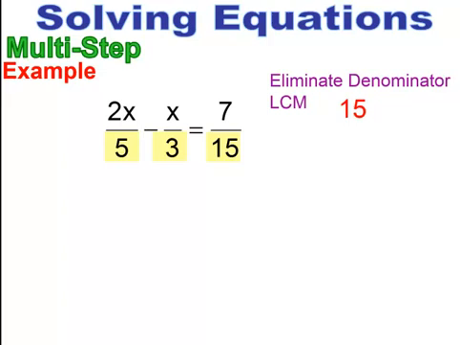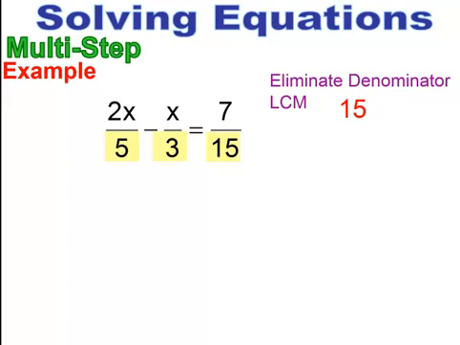Now remember, the least common multiple is the number that can divide in evenly into each number. So in this case, 15 is the least common multiple because 15 can divide into 15. But 15 doesn't divide into 3 and 15 doesn't divide into 5. So it has to be the least common multiple where each number divides in evenly into the number.